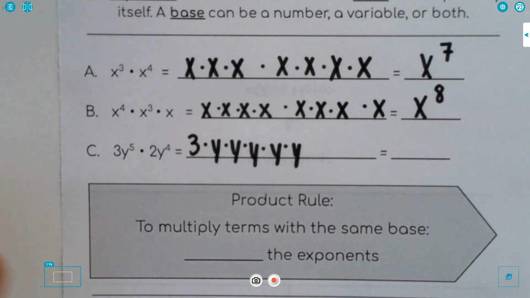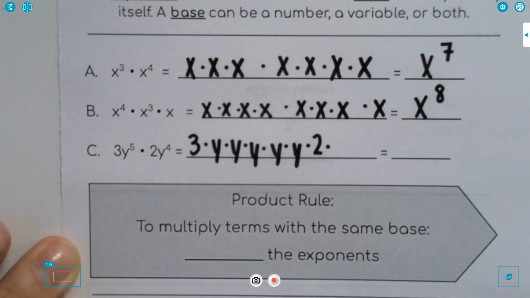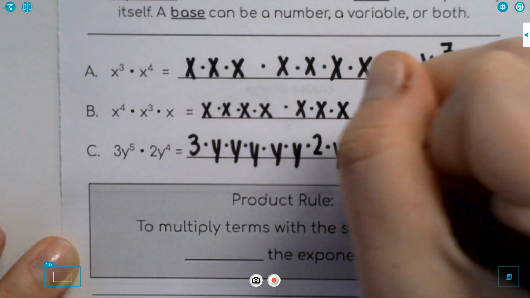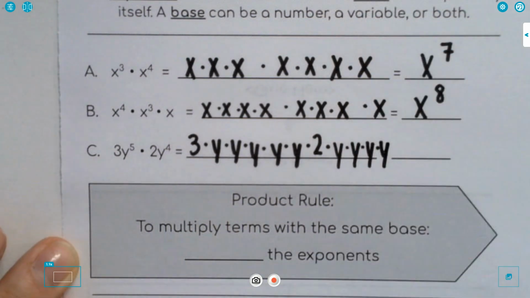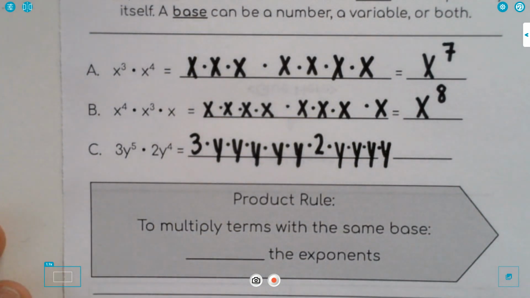Then I've got 2y to the 4th. So I'm going to put my 2 down, and I'm going to put 4 more y's. 1, 2, 3, 4. Okay. With this one, you've got to treat the normal numbers, the 3 and the 2, as still normal numbers.